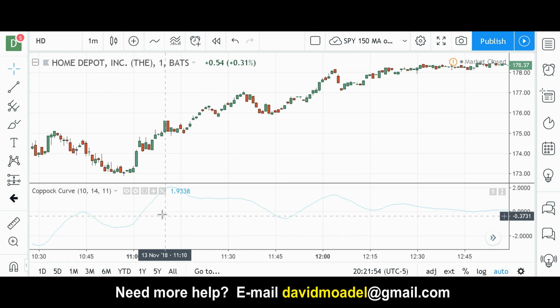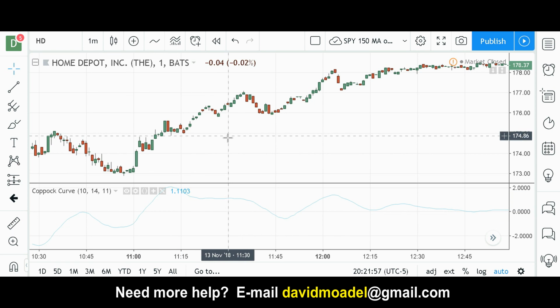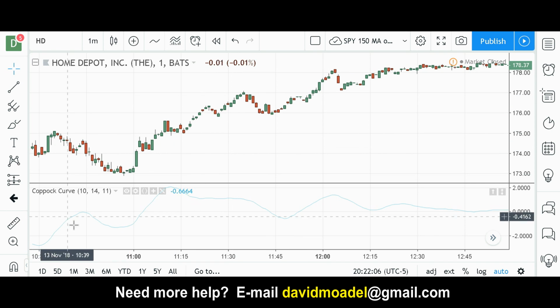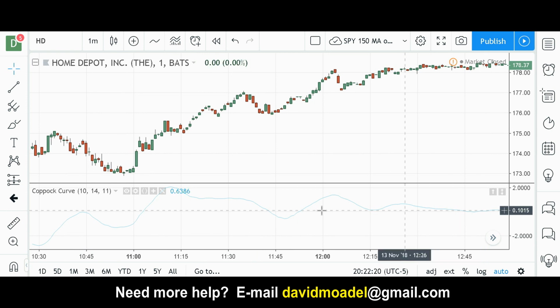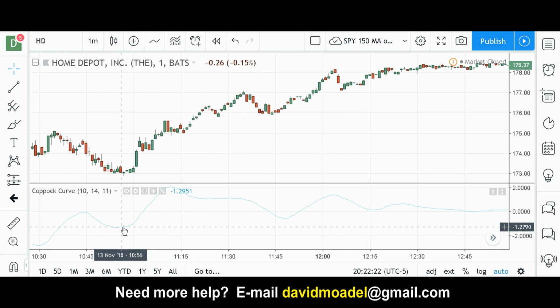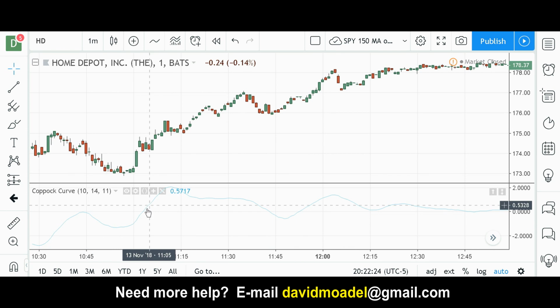All right, so this is what it might look like for day trading, and I've got the 1 minute candlestick chart here for Home Depot stock on TradingView. The candlesticks are here, and the Coppock curve is down here, and I like this because it's really simple. You've got zero in the middle there, and when the Coppock curve indicator is below the zero line, the midline, and then it pops up and breaks clearly above the zero, that's bullish.